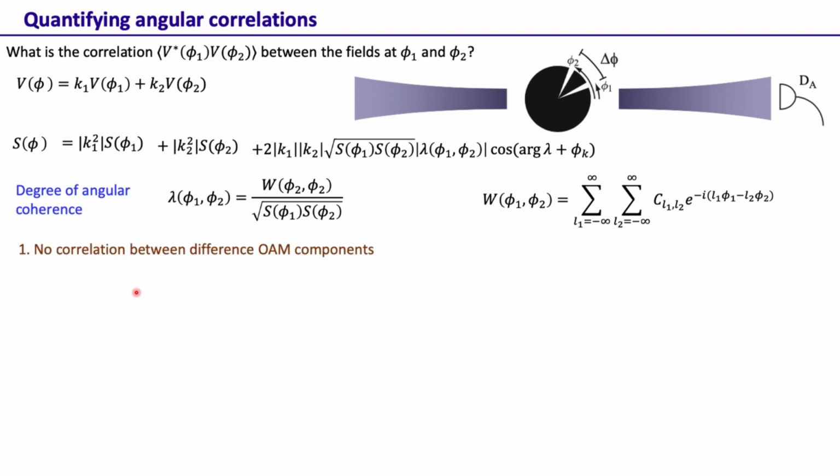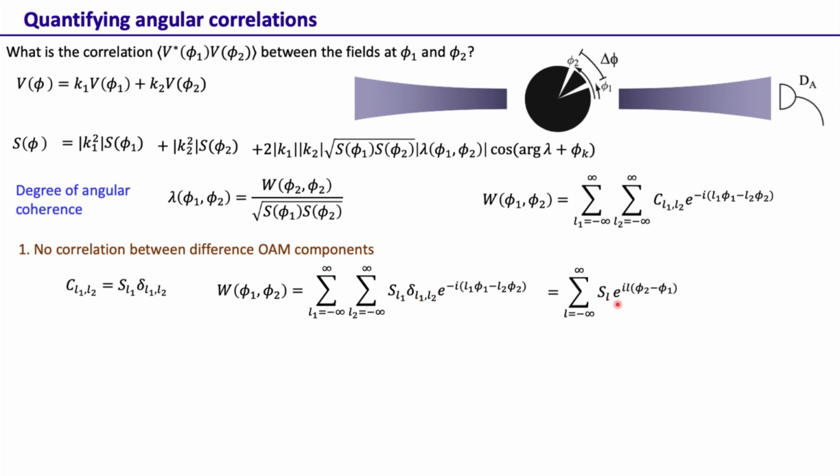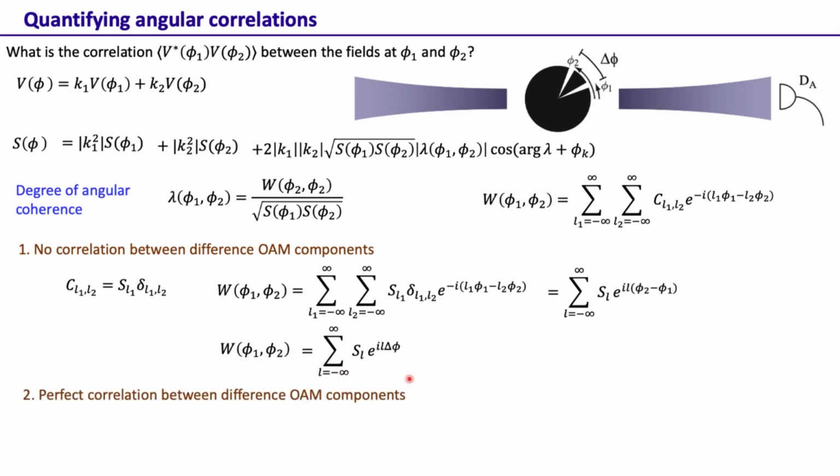Okay, so here, just like in time and space, we can have two separate cases. First is when there is no correlation between different OAM components, and that means C L1 L2 has to have this form. If C L1 L2 has this form, then if you put it in here as a Kronecker delta function, this is essentially S L e to the i L phi 2 minus phi 1. So this is the same Wiener-Khinchin theorem that we retrieved.